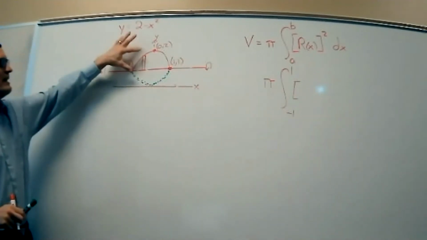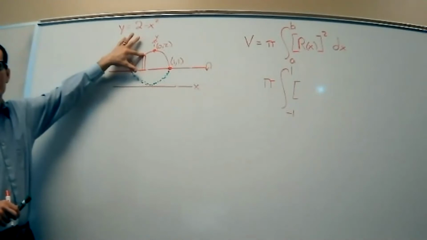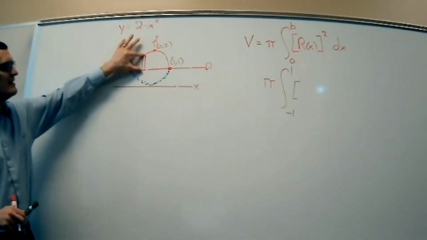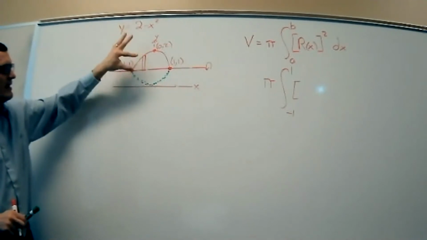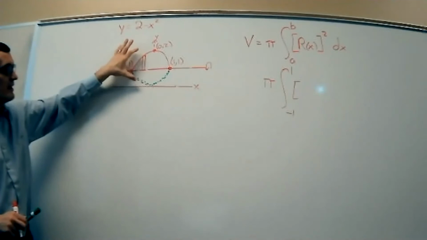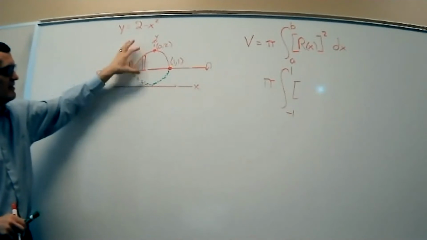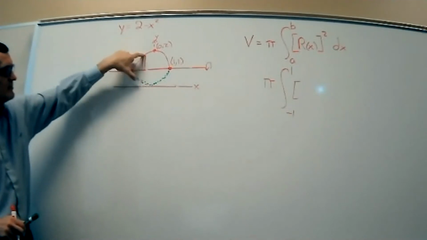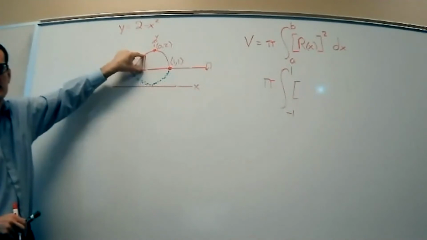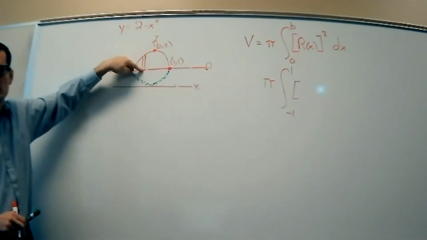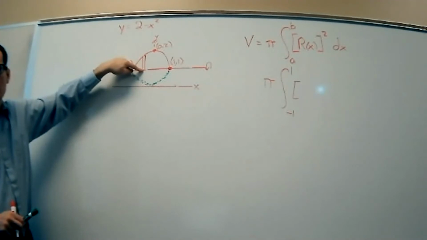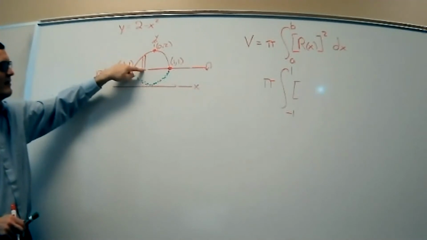Now here's the radius. The radius is the length of this rectangle, because we're going to rotate it around. That means the diameter is going to be from the red top to the green bottom, but the radius is going to go from the red top to the red middle, or this line here.